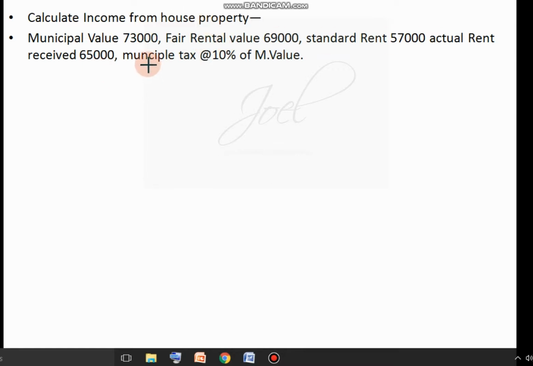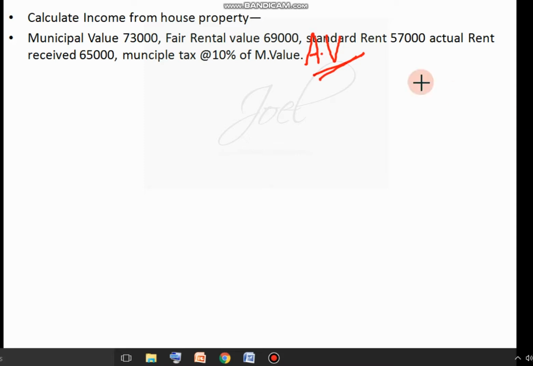From gross annual value we are deducting municipal tax, and we will arrive at annual value or net annual value. That is what I showed you in the format.